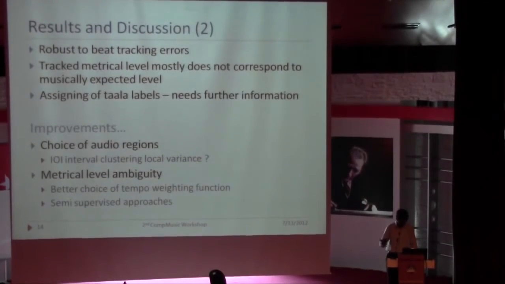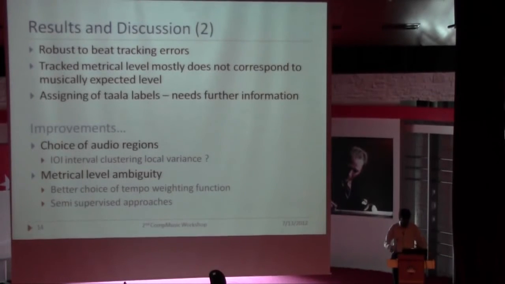Both of them together can be used for getting the required metadata which we want. And if we want to assign Tala labels for use in a browser, say the CompMusic browser, it needs further information, and we need some knowledge-based processing based on whatever we get out of this.